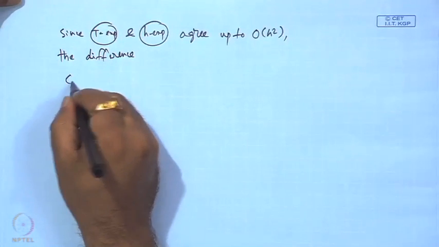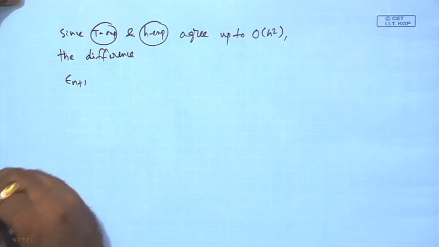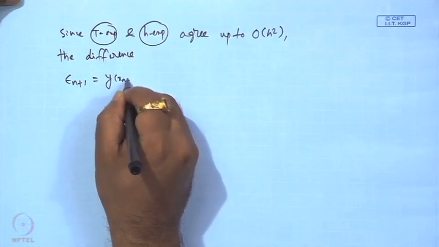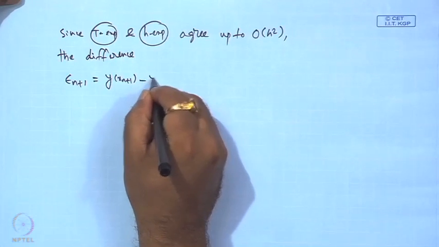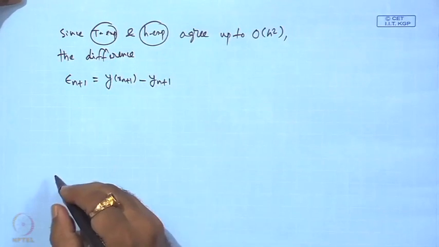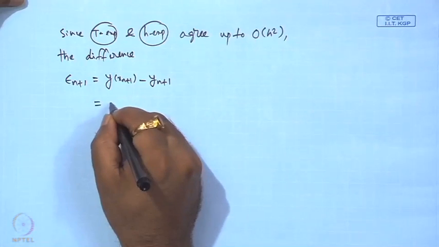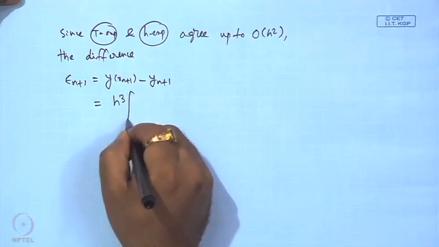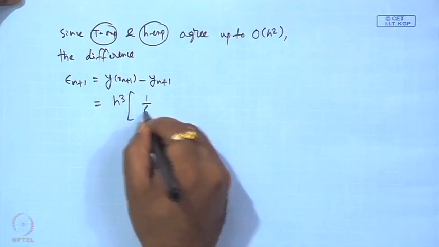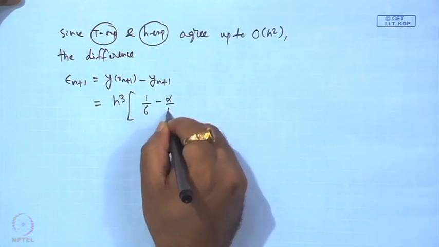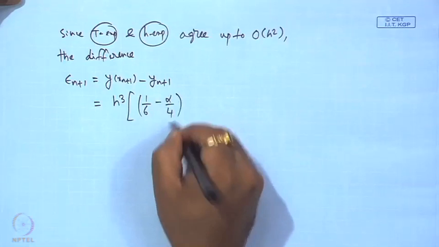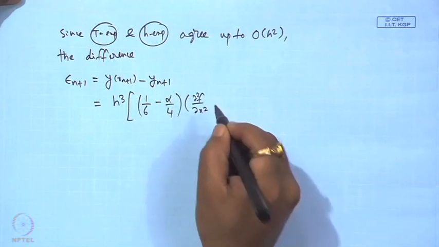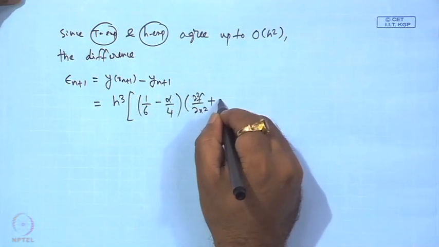So, the difference must be the residual, that is the error. So, naturally that should start from h cube. Okay. So, if we do the long calculation, y 3 we have computed, anyway this is in our hand.